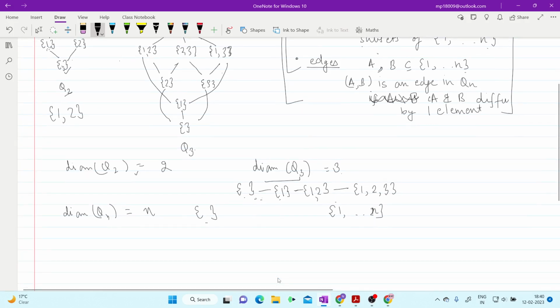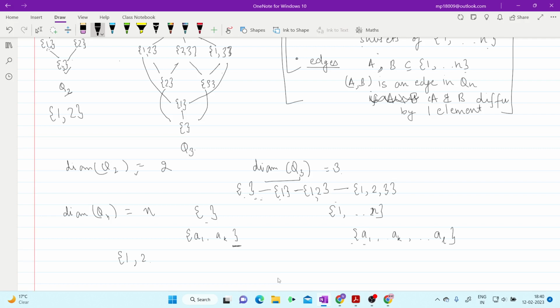And for any other set, if we take a1 to ak and a1 to al, the shortest path between these two... Basically I am saying this, if I have this set 1, 2, 3 and if I have another set 1, 2, 7, what is the shortest path between these two sets?